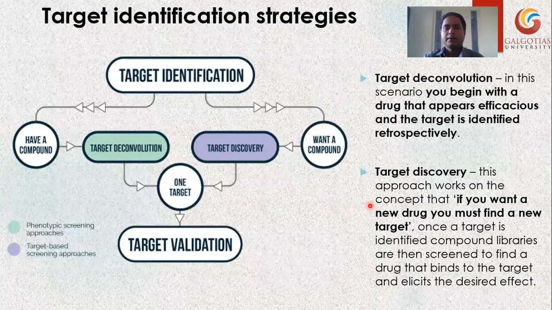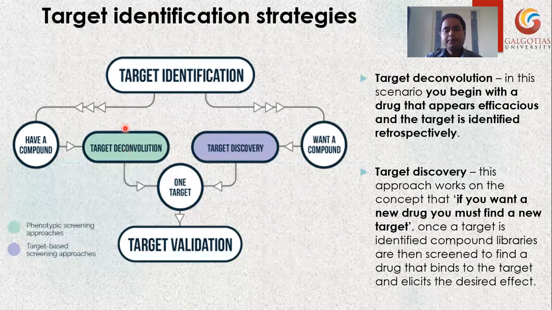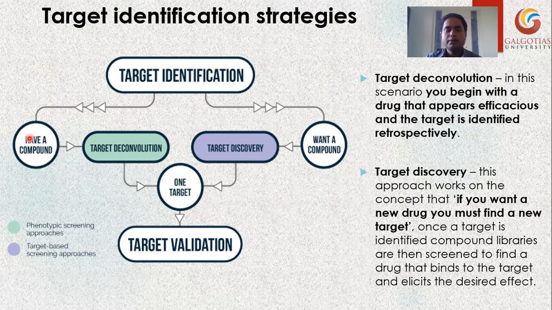So we now proceed to the target identification strategy. The target identification strategy encompasses the target deconvolution and target discovery processes. The target deconvolution process is used if you have a compound but you do not know how this compound is working.